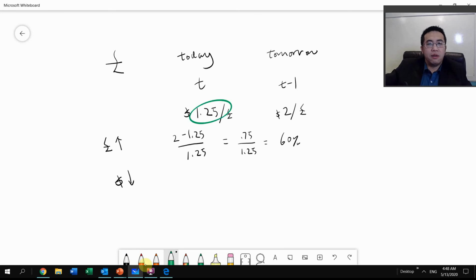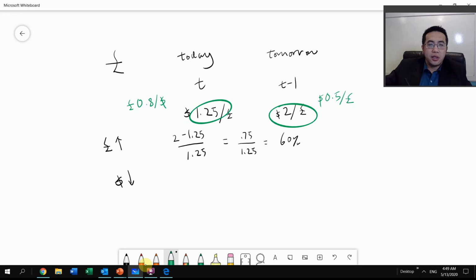The reciprocal of 1.25 will be 0.8 pound per dollar, and the reciprocal of $2 per pound will be $0.5 per pound.